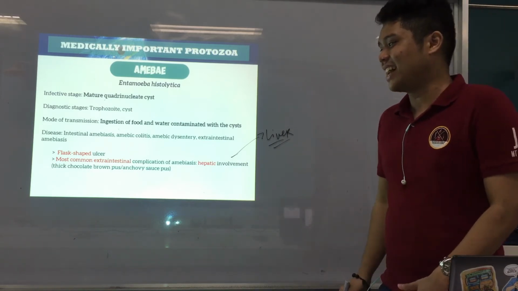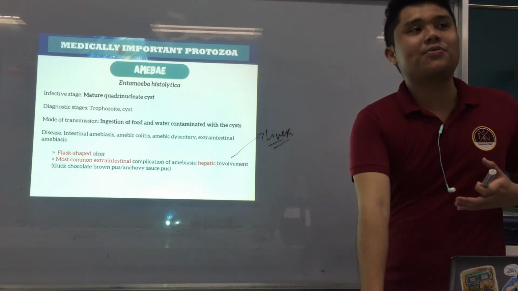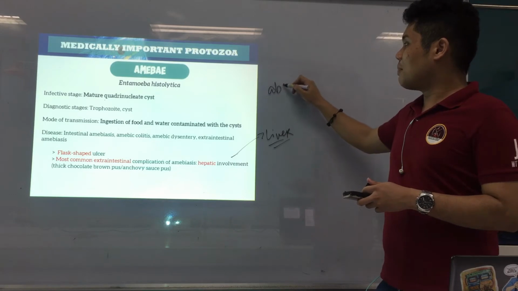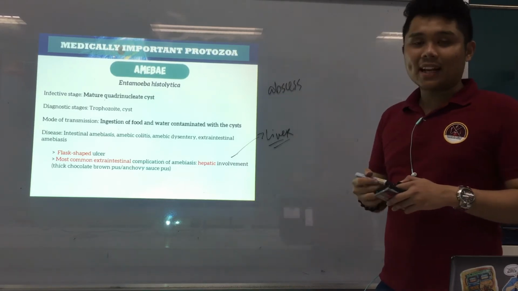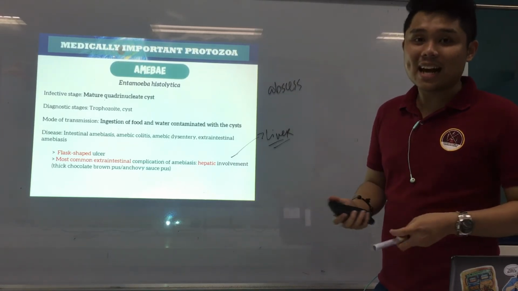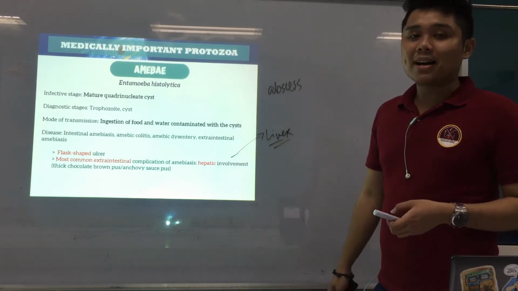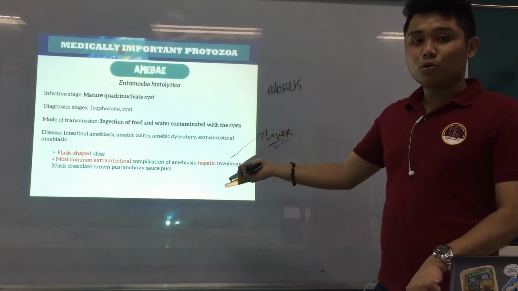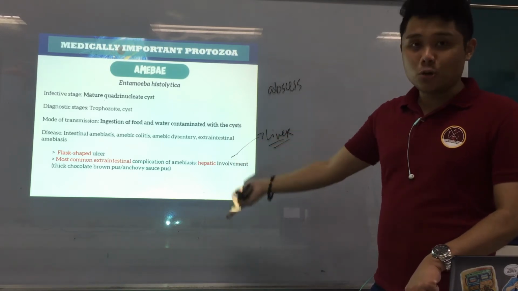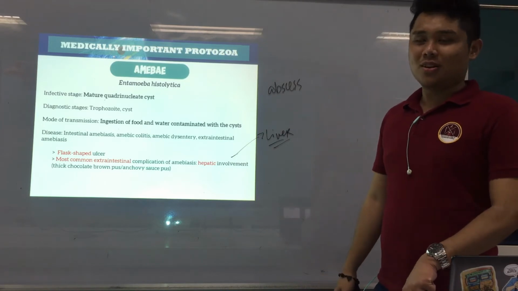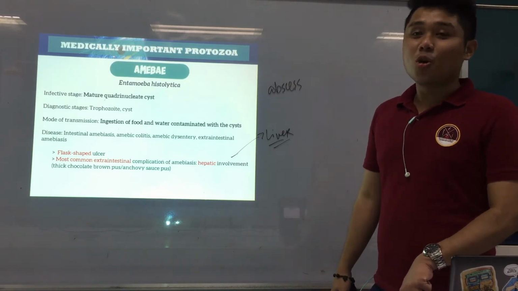And when it does go to the liver, it now causes an abscess. When you say abscess, it's a swelling that has pus inside. And for extra-intestinal amoebiasis, the pus that is produced is described as thick chocolate brown, or anchovy sauce.